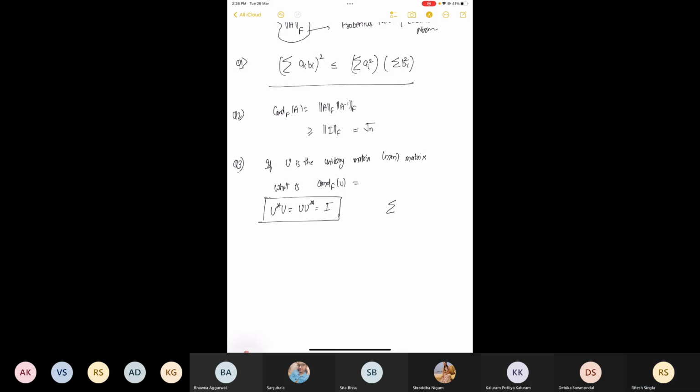If I say U is equal to (a_ij), then we have summation of |a_ij| square, j running from 1 to n, equal to 1 for all i, 1 less than or equal to i less than or equal to n, isn't it?